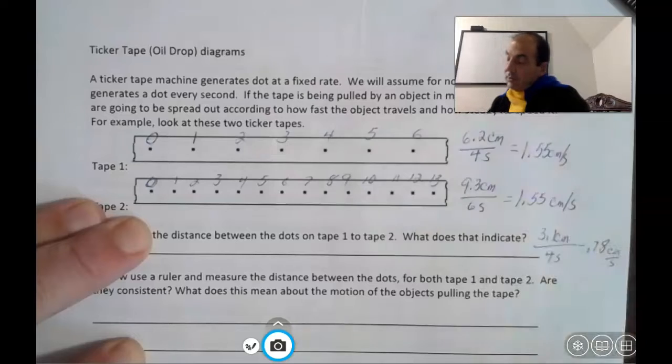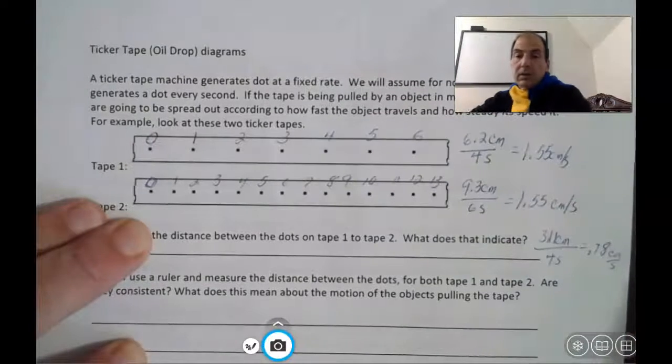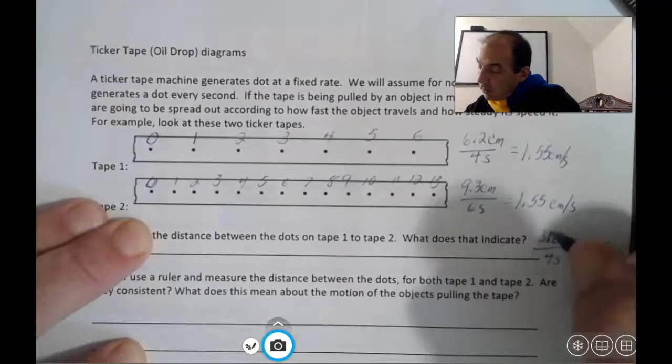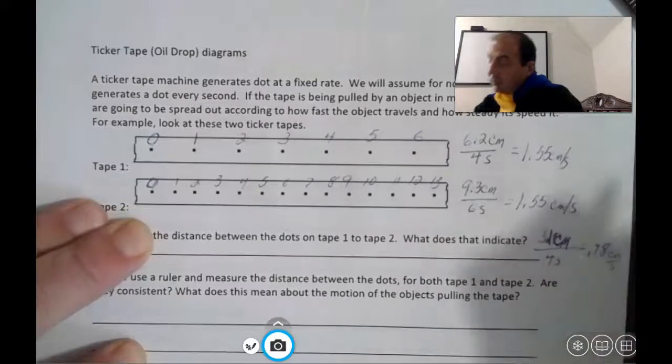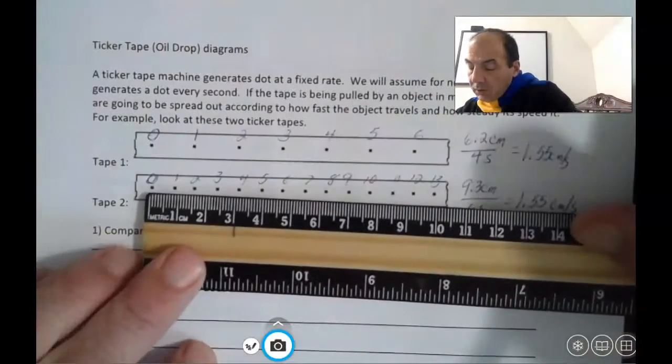centimeters per second. 3.1, I don't know if that's visible. Yeah, it looks like I've made a kilometer. It's 3.1 centimeters. All right, anyway, let's go on to 6 seconds.